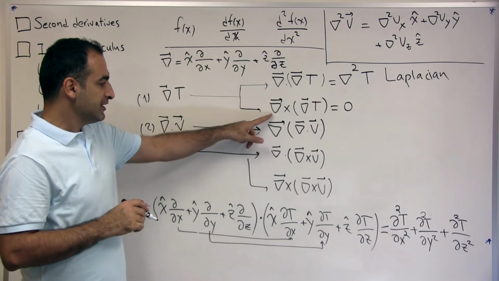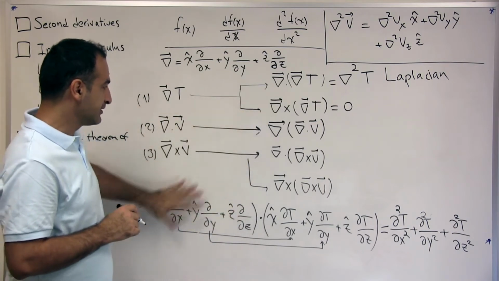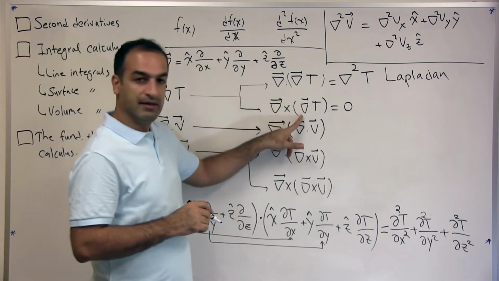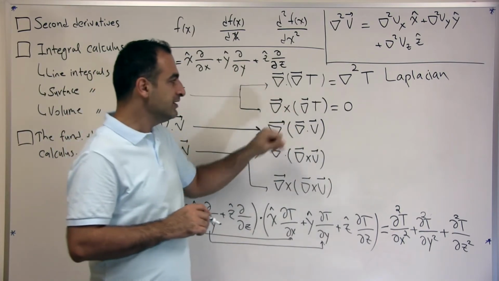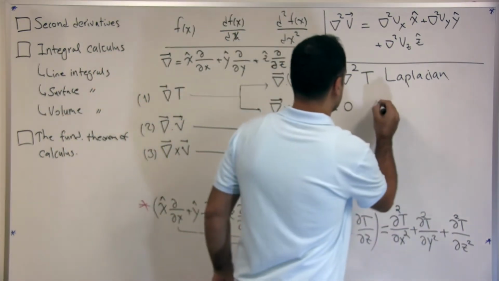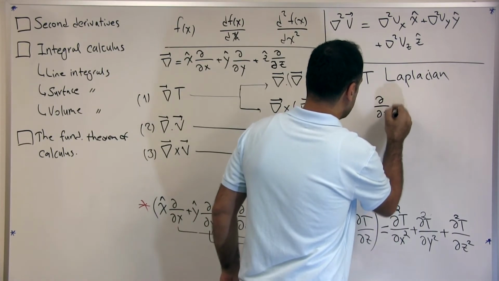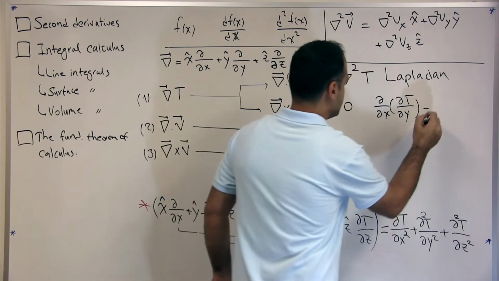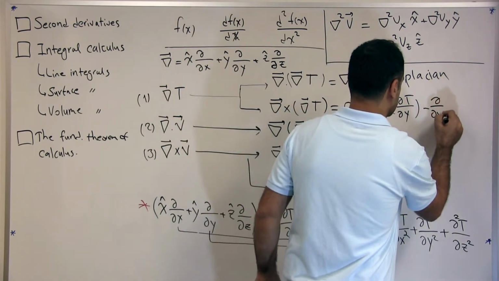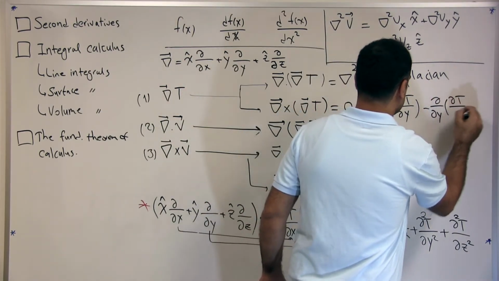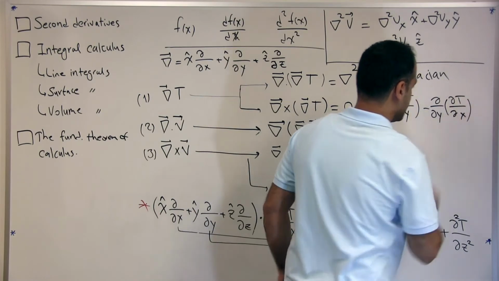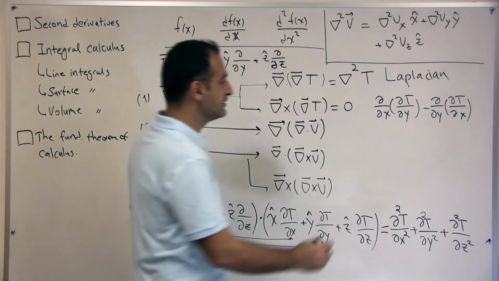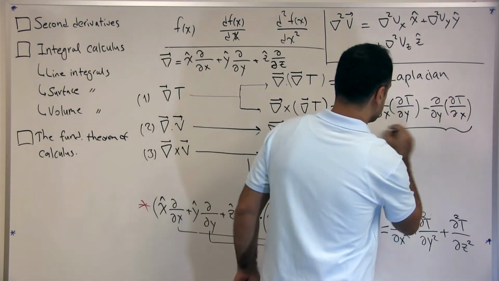And the way to show it is zero, again, you can write the product in terms of the components, make a matrix, look at the determinant, and you will end up having terms like d over dx of dT over dy minus d over dy of dT over dx. If you expand this, you will have many terms, but you will see structures like this.